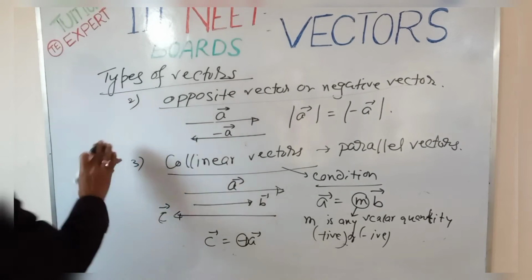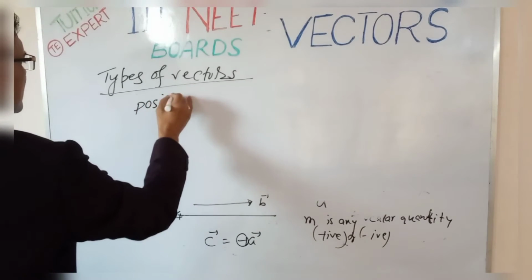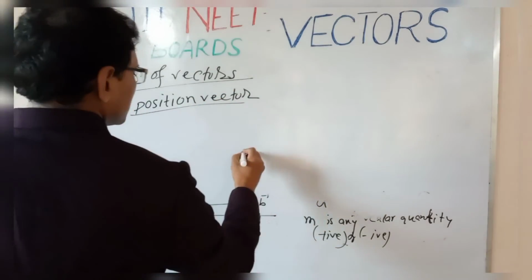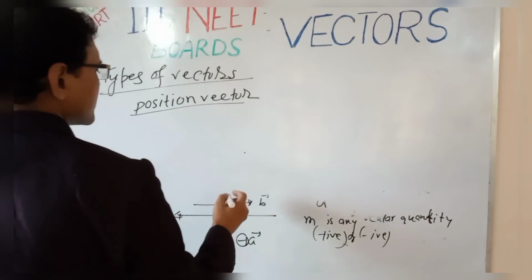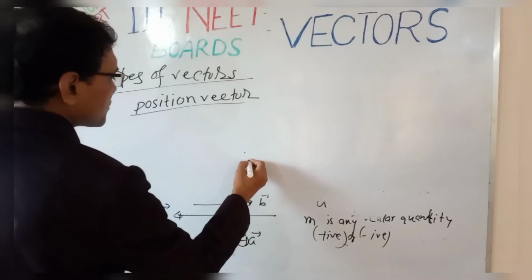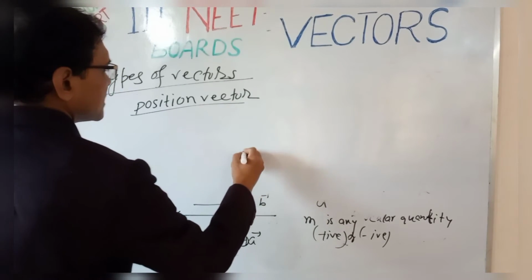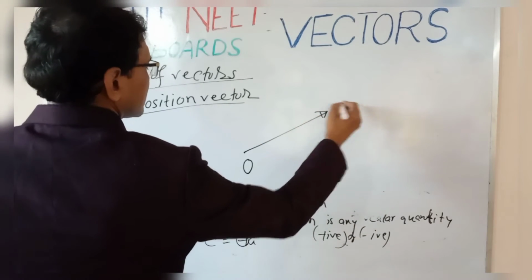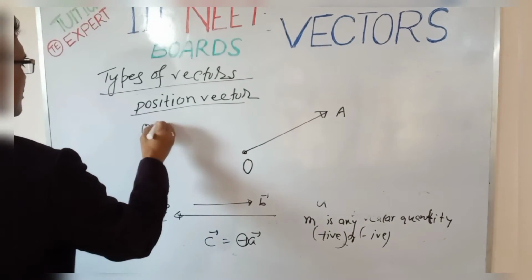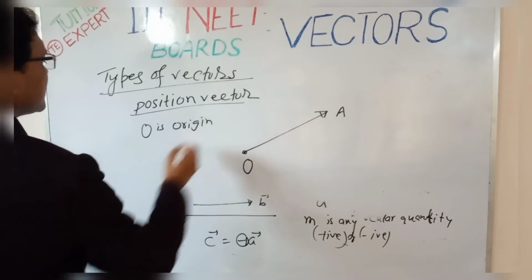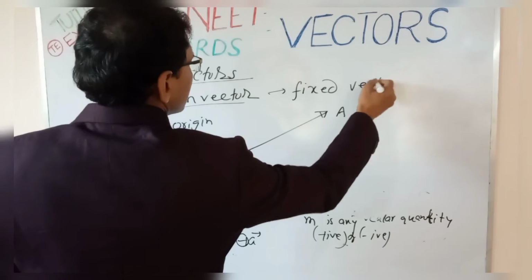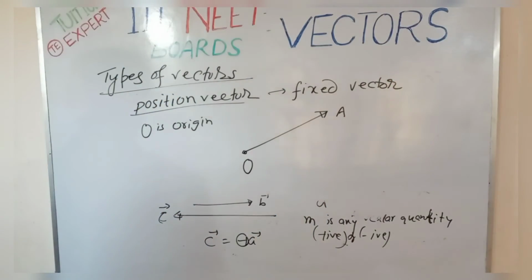Next, position vector. We know that a vector needs two points, one initial point and another final point. So for a position vector, the initial point will be the origin. O is origin. This is also called a fixed vector or localized vector.